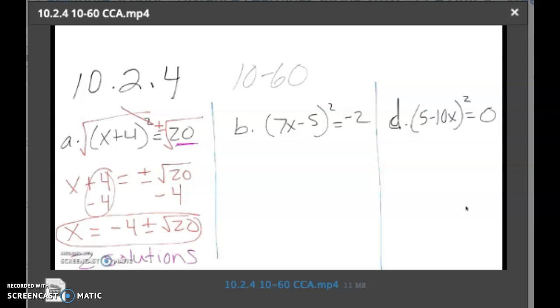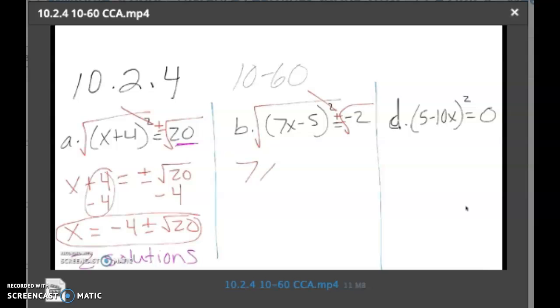Okay. And then I'm going to go ahead and do this next one. So problem B, we'll see what happens here. So I have the quantity 7x minus 5 squared, and that's equal to negative 2. All right, so I'm going to go ahead and take the square root of both sides. All right, now notice I would put a plus or minus here. And then my square root is going to take out my square.